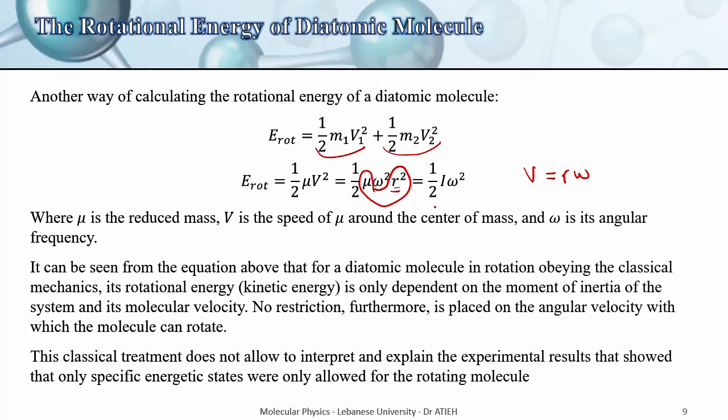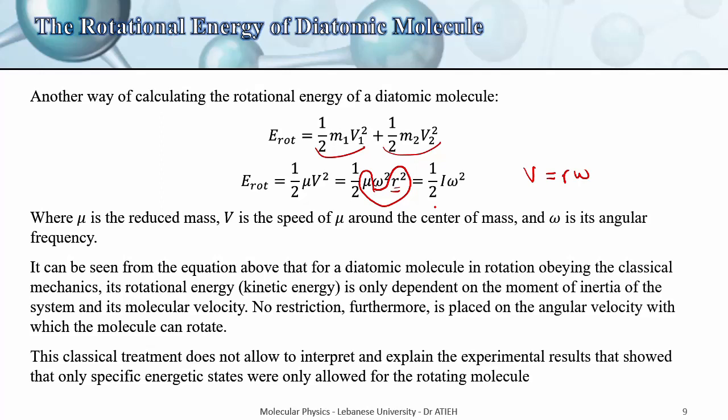It can be seen from the equation above that for a diatomic molecule in rotation obeying classical mechanics, its rotational energy is only dependent on the moment of inertia of the system and its angular velocity. So energy depends on I and omega. Furthermore, no restriction is placed on the angular velocity with which the molecule can rotate. So up till now, there are no restrictions.